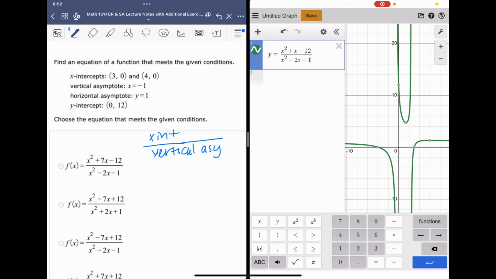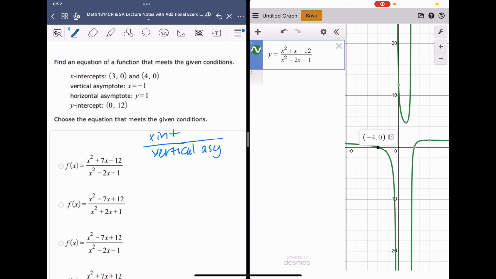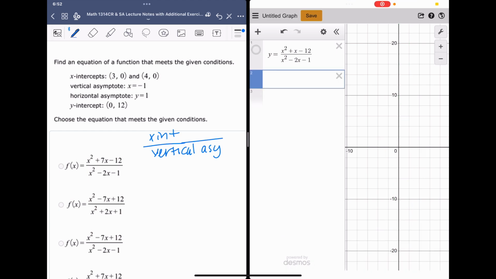All right, let's see what we see. X-intercepts, 3 and 4. Nope, that's not it. That's a negative 3. So automatically that one's wrong. I thought it was that one, sorry.